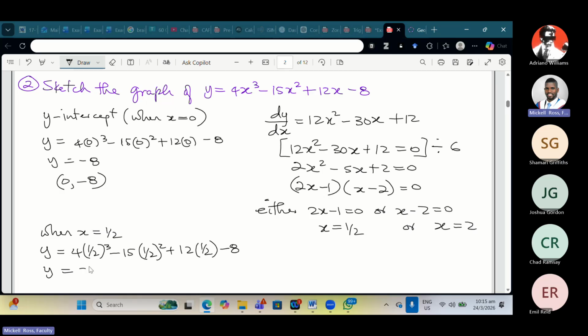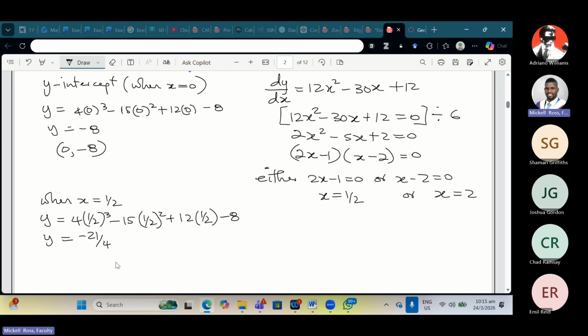So this is going to give us negative 21 over 4. So one of your stationary points is going to be a half, negative 21 over 4.